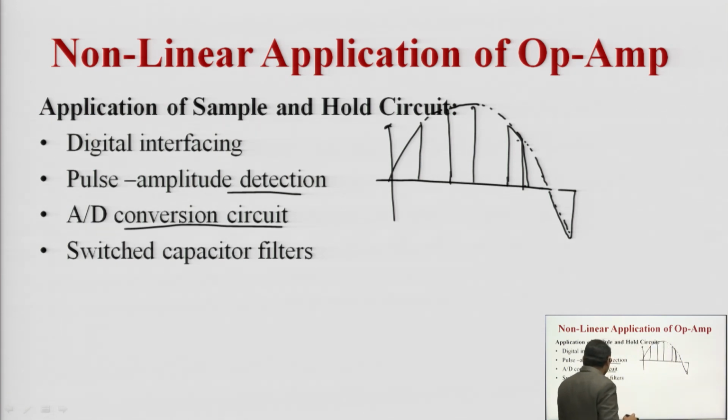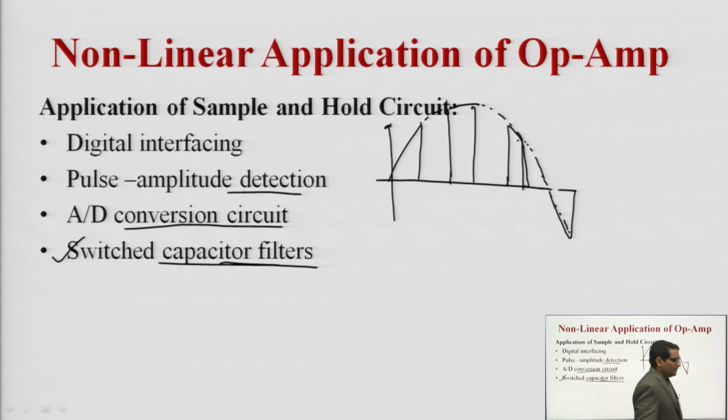Okay. And the switched capacitor filter. In a switched capacitor filter, we can also use this sample and hold circuit. Okay. So, this is all about the sample and hold circuit.